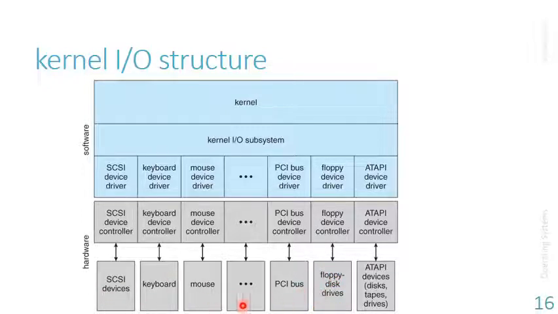The thing is, systematically each device has a controller, as I said earlier. So this is still a hardware controller, and for each controller, we have some kind of driver. This is the lowest layer driver software, which is called the driver.